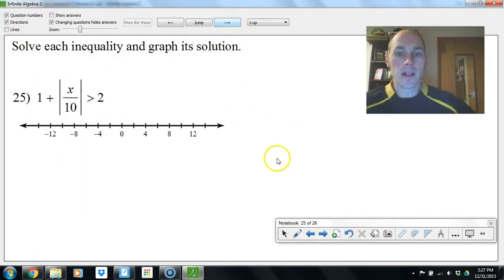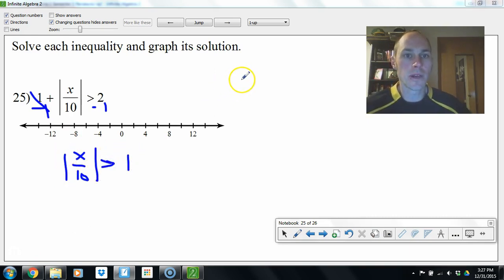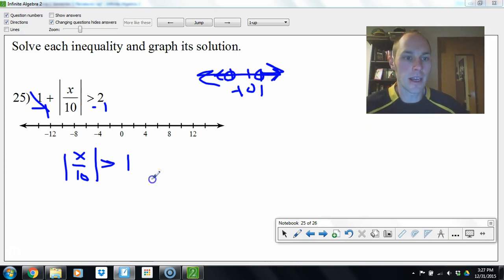Another absolute value inequality. This time we need to get the absolute value alone first. So let's subtract 1. So I have absolute value of x divided by 10 is greater than 1. So now as we picture that, we know it's greater than 1 away from 0. So it's either at 1 or negative 1 that these are at. So I take whatever's in there, x divided by 10 is either less than negative 1 or it's greater than 1.